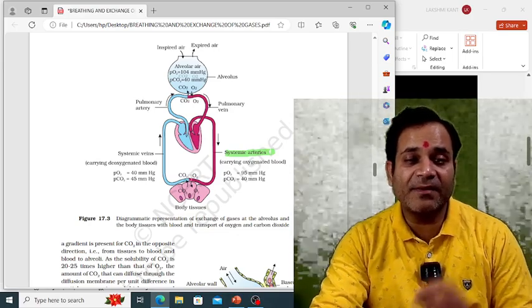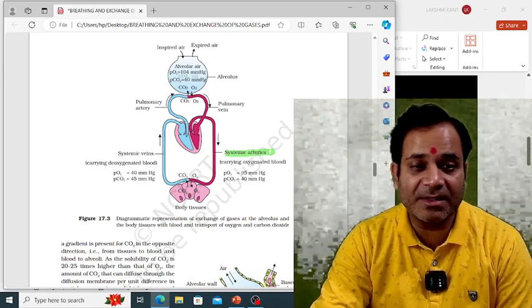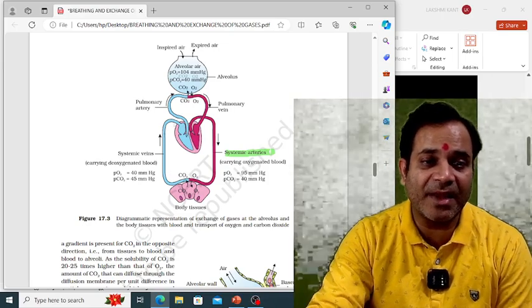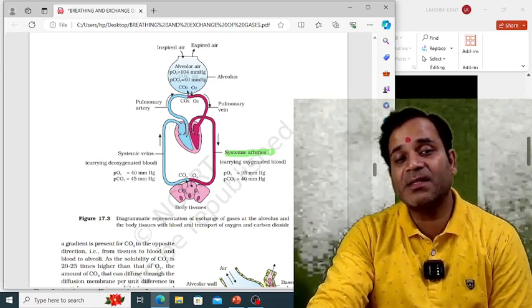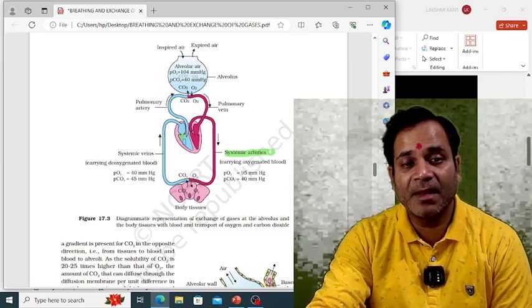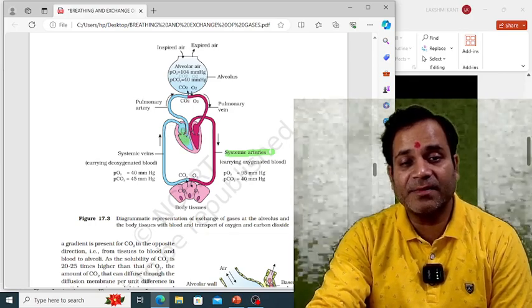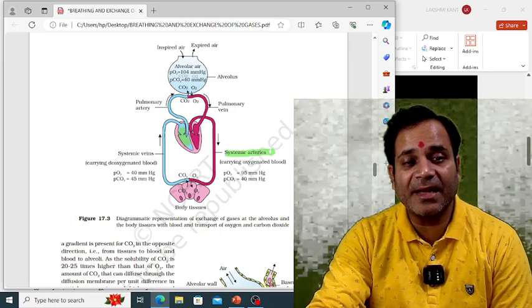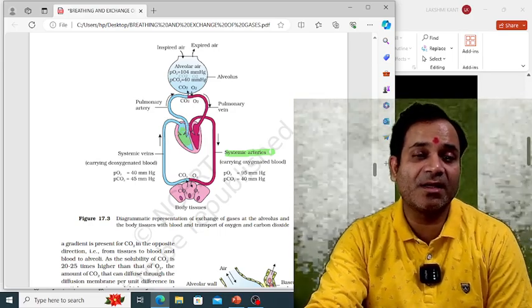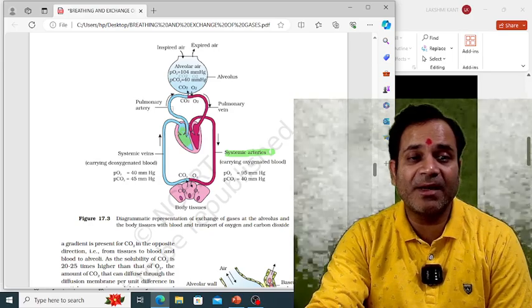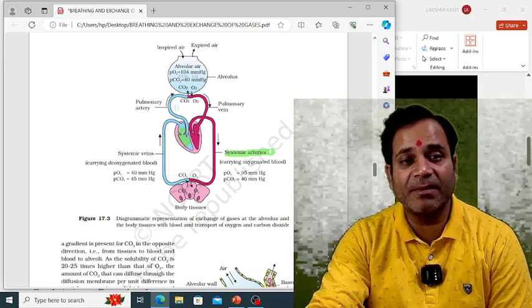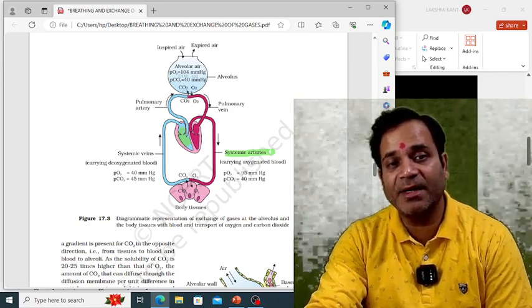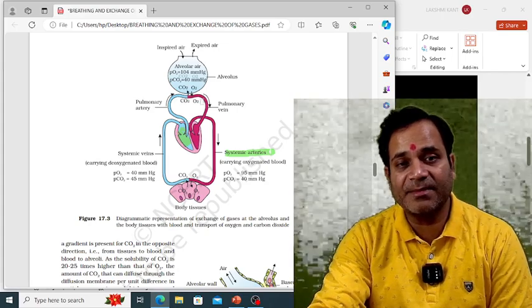After that, whatever carbon dioxide the body organs receive passes through the systemic vein. This systemic vein carries the deoxygenated blood to the heart, and after that the pulmonary artery carries deoxygenated blood into the alveolus, my dear.